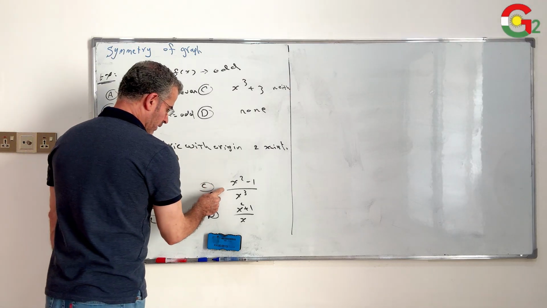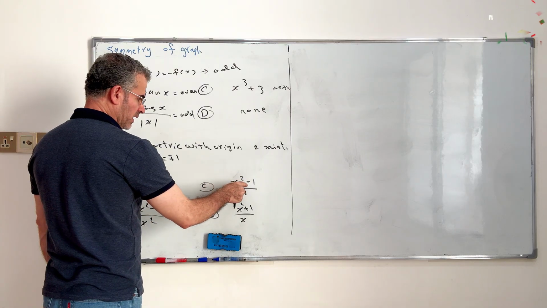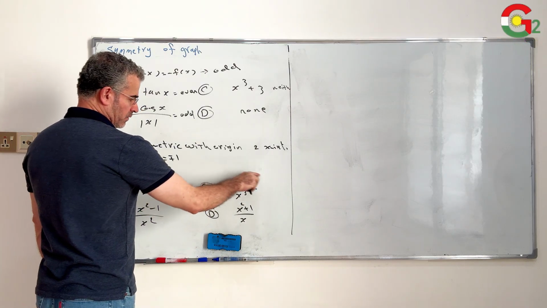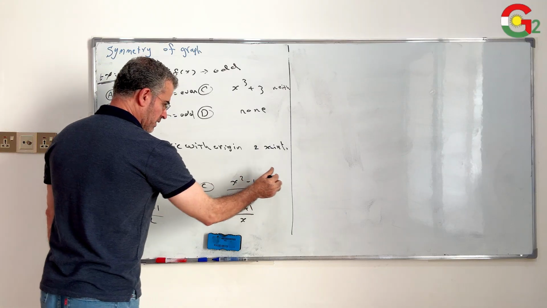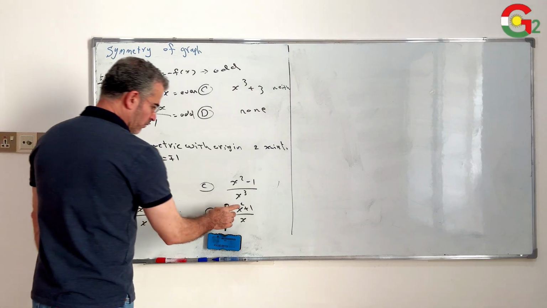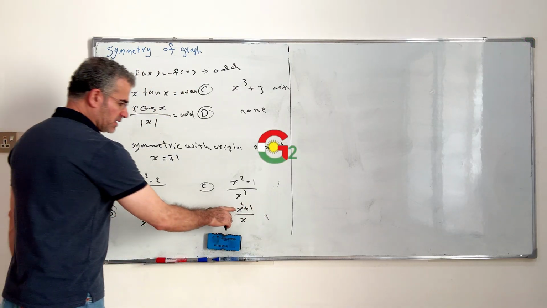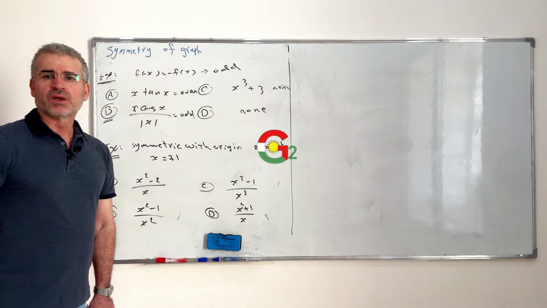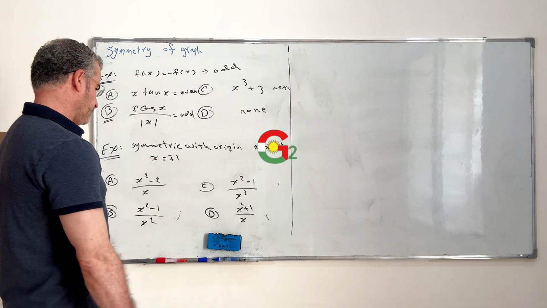If we set y equals 0 here, then this function has two x-intercepts, negative and positive 1, because the numerator is a difference of two squares. This is a possible right choice. Also, this is a possible right choice, but here this function has no x-intercept, since x power 2 plus 1 equals 0 has no real solution.